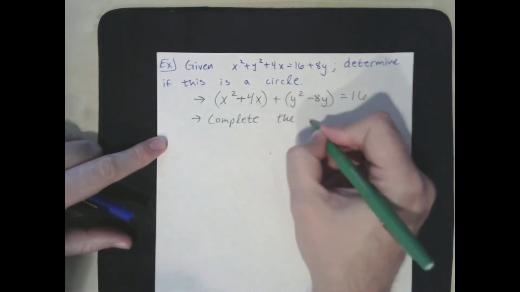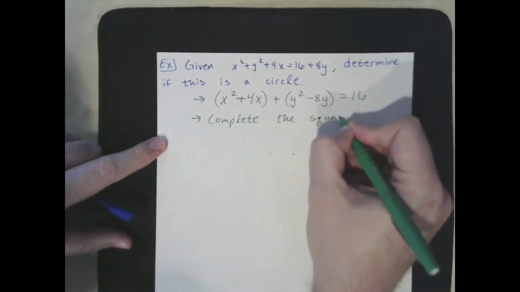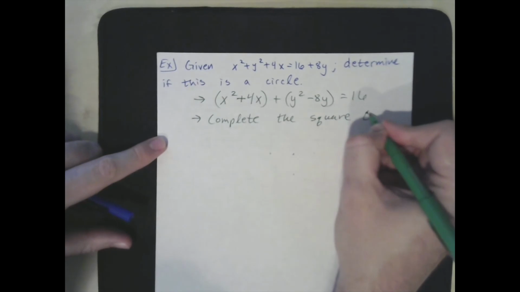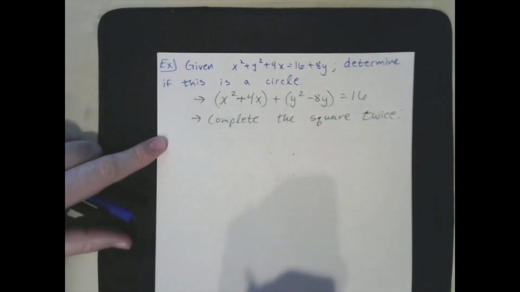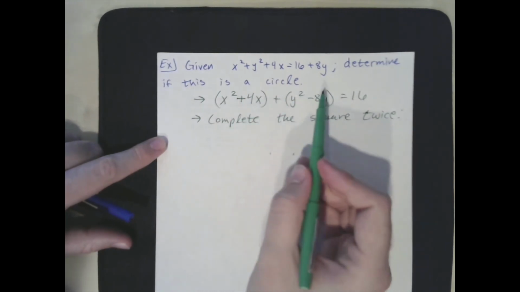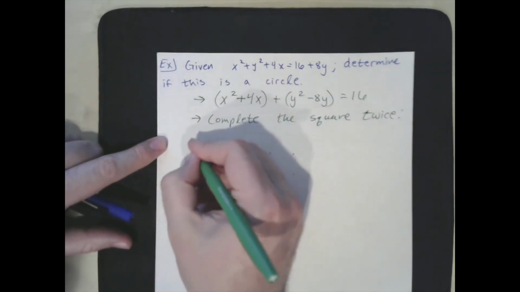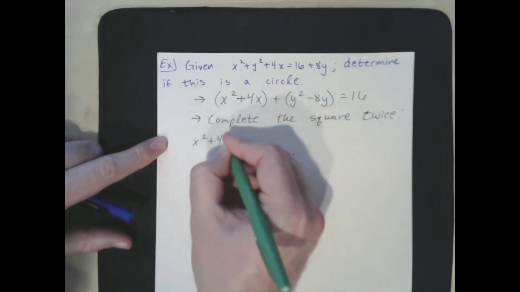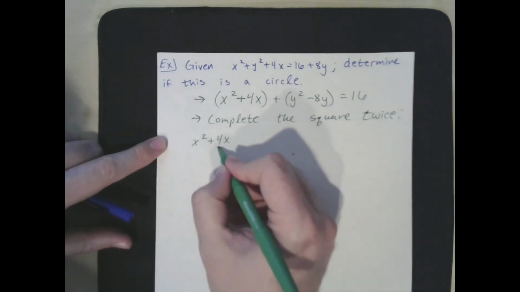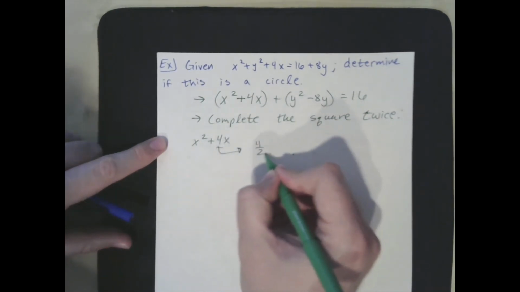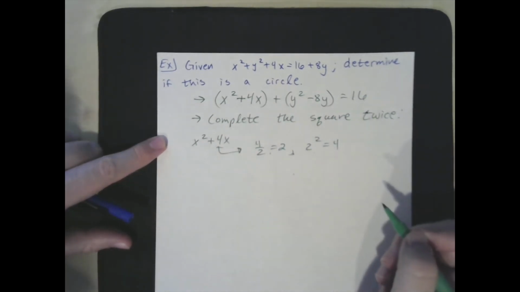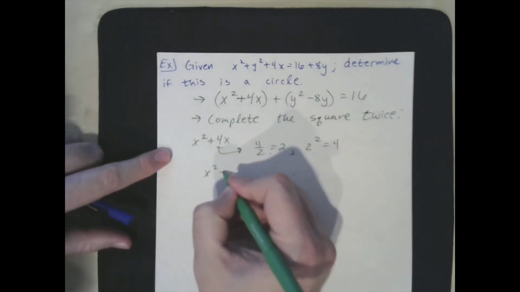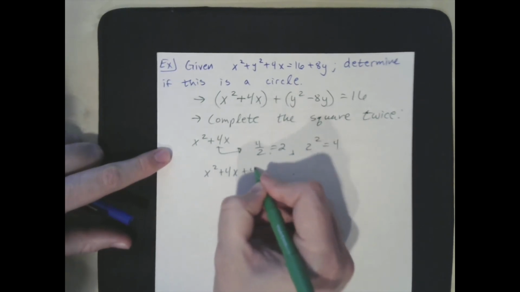So we complete the square twice. First on x squared plus 4x, and then on y squared minus 8y. So let's start with x squared plus 4x. Remember, we take this value, divide it by 2, then we square that number, that equals 4. And this would be x squared plus 4x plus 4.